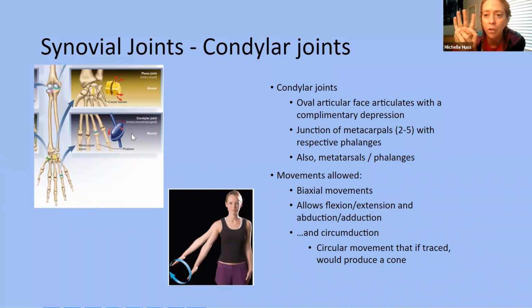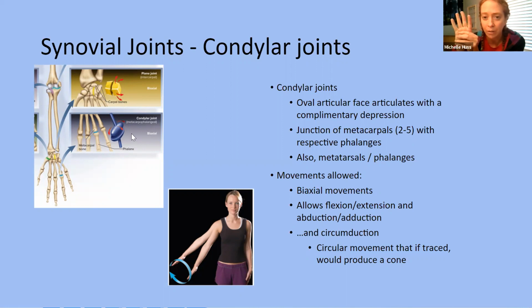So it's 2, 3, 4, and 5. These are condylar. Do you see how I'm circumducting? I can't rotate, but I can circumduct. Circumduct means you can draw a circle with the end of that surface.